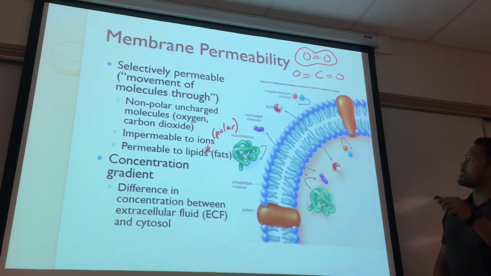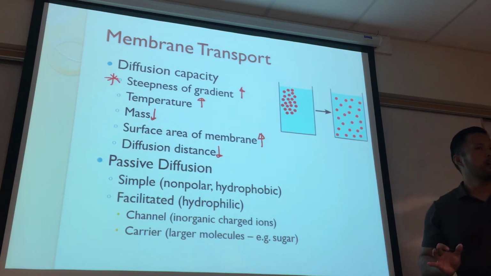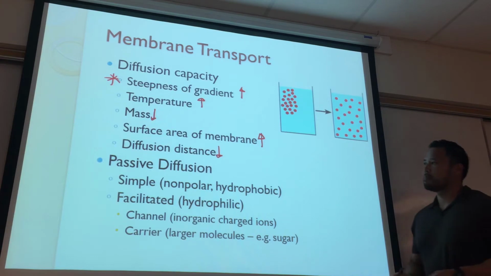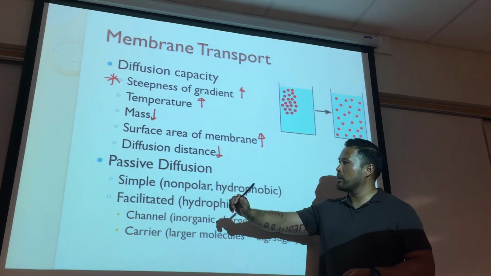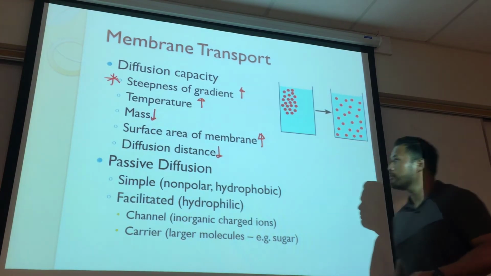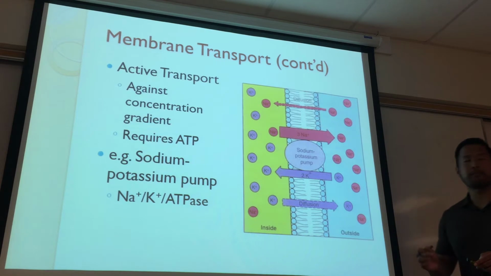Polar molecules, such as charged molecules and ions, have a tendency to not be able to move through. Let's talk about how they can move through. Almost everything can move through with certain mechanisms. We're going to take a look at two different types of diffusion. We have passive diffusion, and then a couple slides down, I have active diffusion, in this case, active transport.